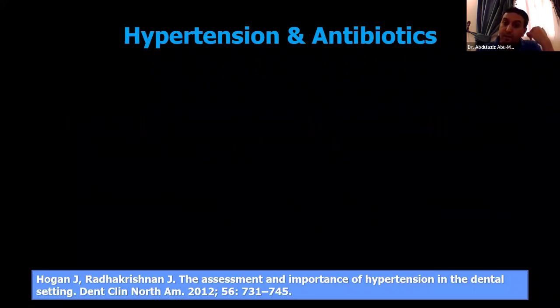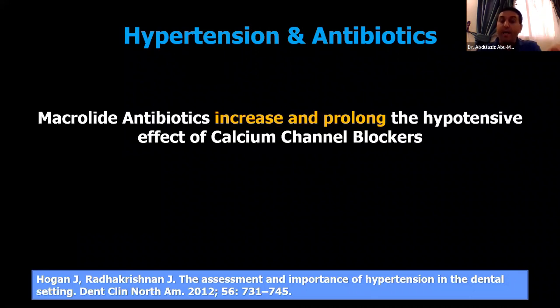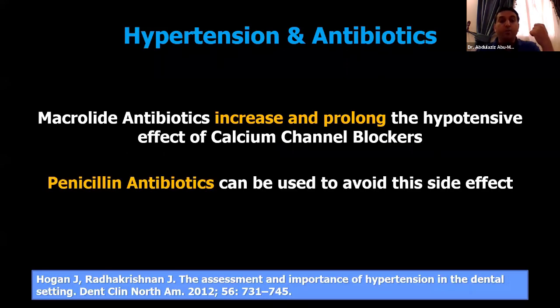Going with the antibiotics, do they have any effect on the hypertensive patient or the medication they are using? Yes. Macrolide antibiotics like erythromycin increase and prolong the effect, especially with calcium channel blockers. So the recommendation for those patients with hypertension is to go with penicillin antibiotics.